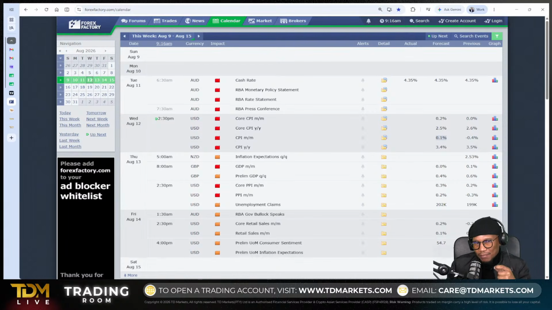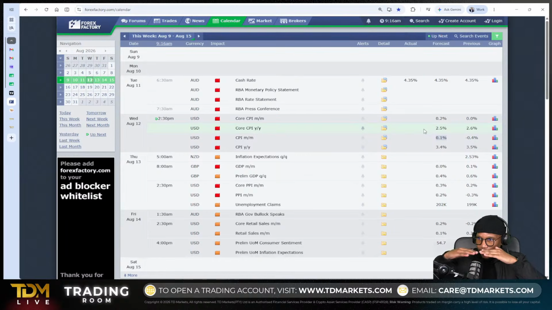If it's much softer, we're going to get strong movements. So the bigger the data, the bigger the movements you're going to get. But if everything is in line, like core CPI comes out 0.2%, CPI month on month 0.1%, core CPI year on year 2.5%, if everything comes in line, then we might get a limited or muted reaction.